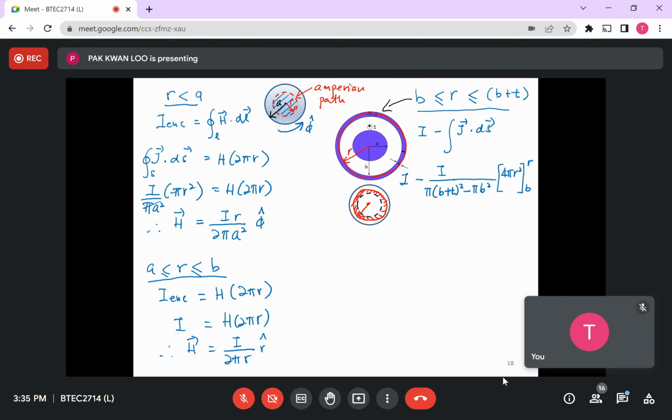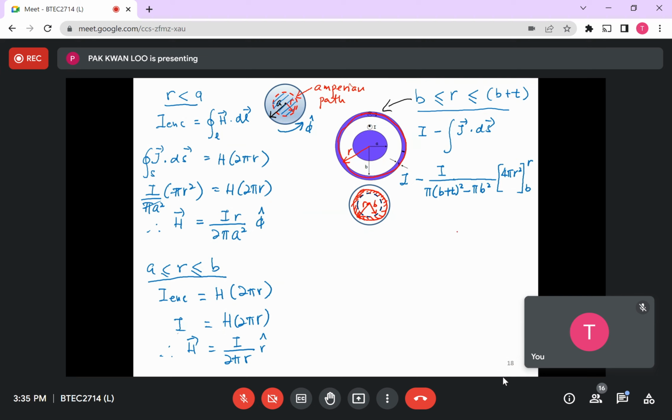From the center to the Ampere's path is R, while the outer conductor is B. So the area enclosed is 4 pi R squared, and the limit is from B to R, right?